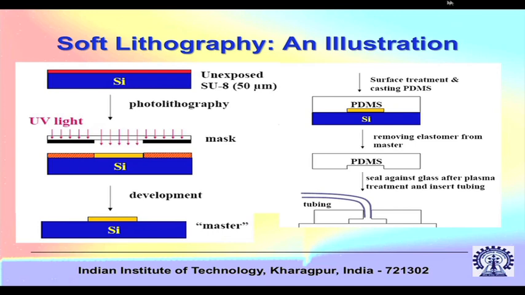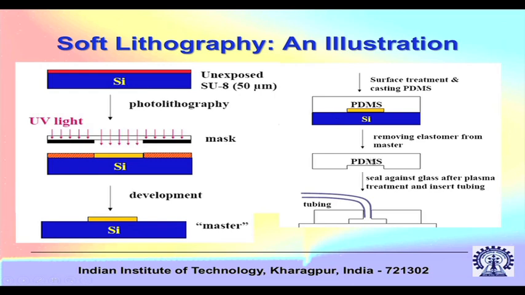Let us say that this is a mask and this is the Si structure on which you have photoresist. So you have developed a master. So this is the master pattern. Now you have kept the master pattern and then you cast PDMS on the top of that.